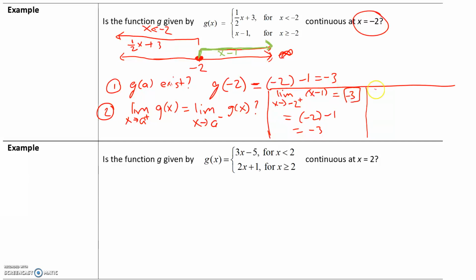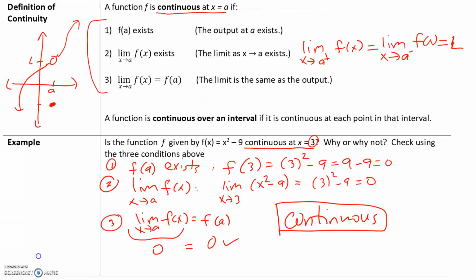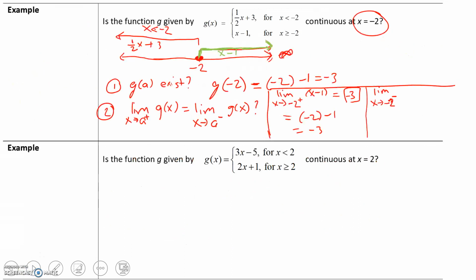Now let's find the limit as x approaches -2 from the left. Coming from the left, we're coming from negative infinity. So which function do I use? I'm going to use 1/2 x plus 3. If I plug in -2, I get 1/2 times -2 plus 3.